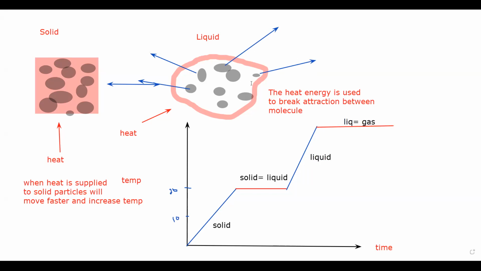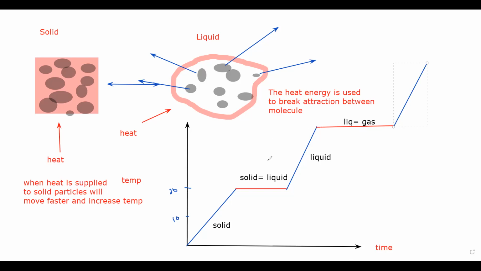Simply, whenever the temperature is not changing, what does it mean? It means the state of the substance is changing. When a solid is changing into liquid, we call it melting. When a liquid is changing into gas, we call that boiling or evaporation. And when you further supply energy to a gas, the temperature of the gas will increase, and the particles will move faster.